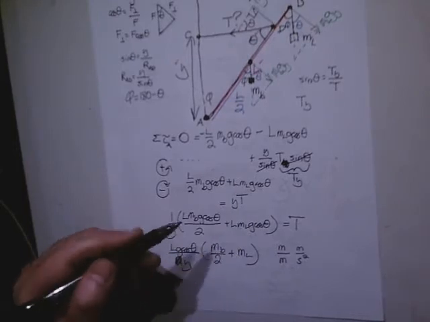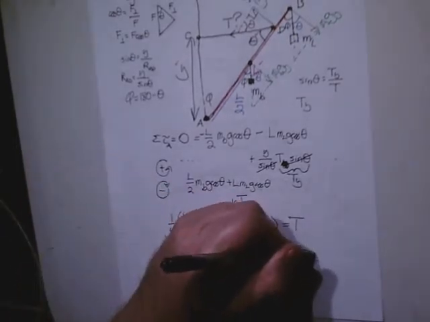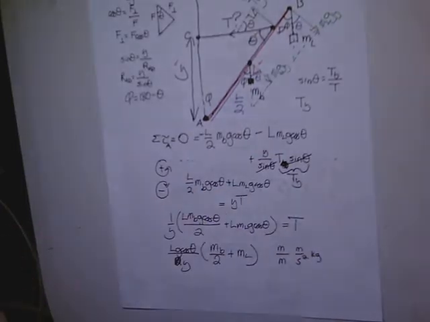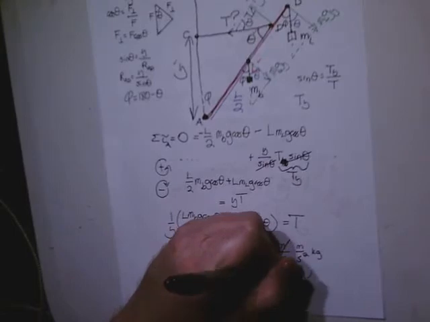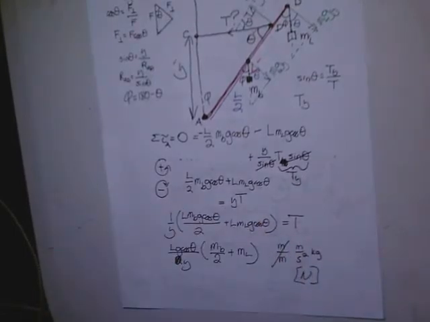Mass and mass will give you more mass, which is kilograms. That cancels. So the unit that I get out of this is a Newton. Newton is a unit of force, and tension is a Newton. So the units do check out. There may be a number dropped here or there, but the core equation is correct.